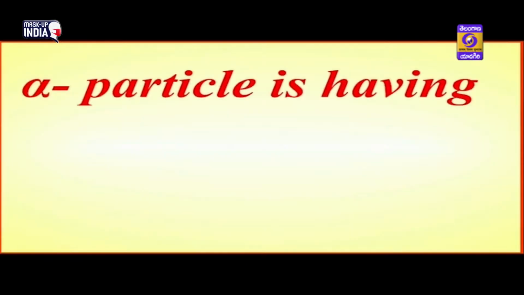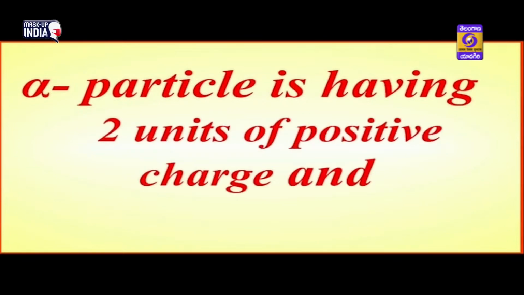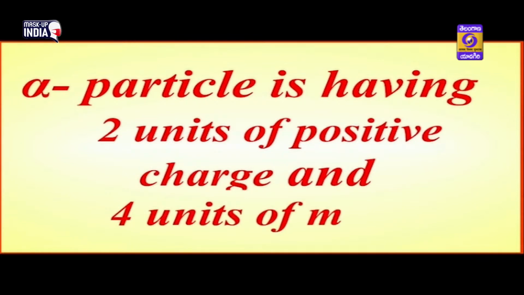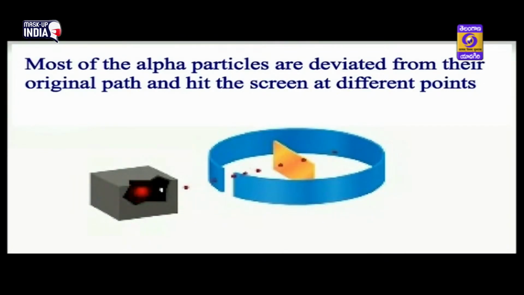Alpha particle is having 2 units of positive charge and 4 units of mass. Look here, my dear children. Most of the alpha particles are deviated from their original path and hit the screen at different points.